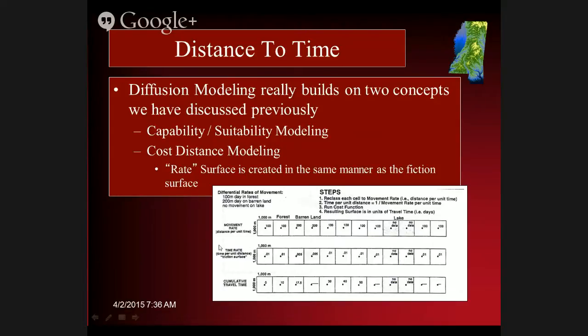Okay. Right. So we come up with a movement rate, take 1 over that movement rate, and then if you input this layer, this time rate layer, into the cost function, what you'll get is the cumulative travel time. Okay. So every cell will represent the amount of time it takes to get from the source to that cell.